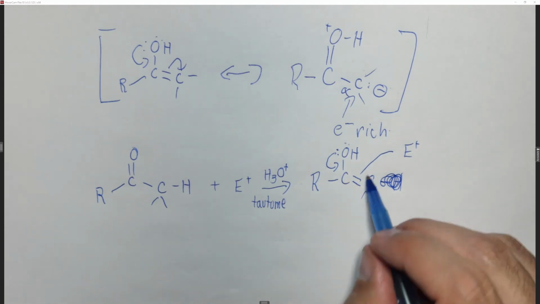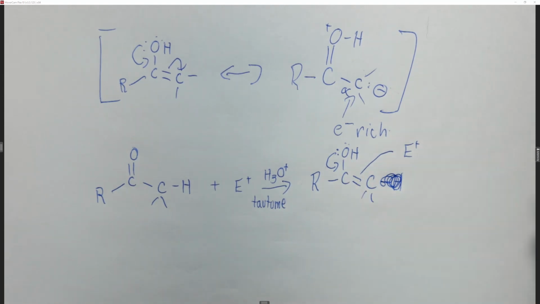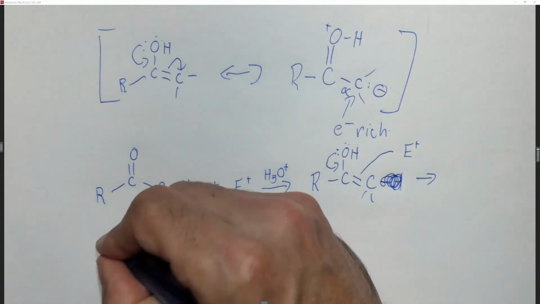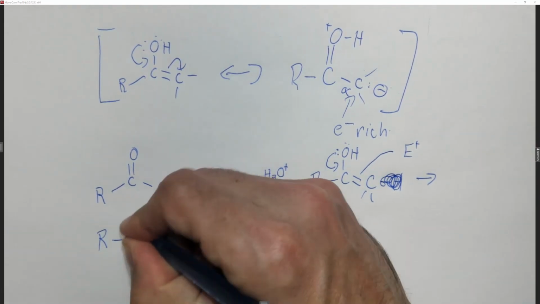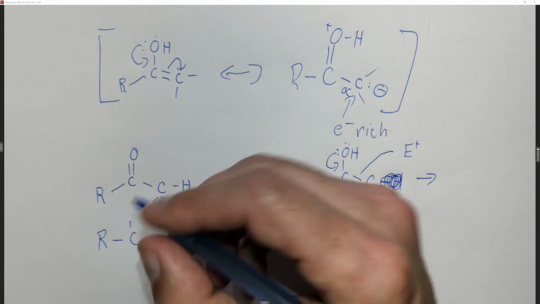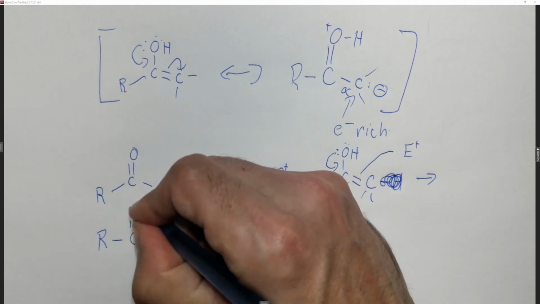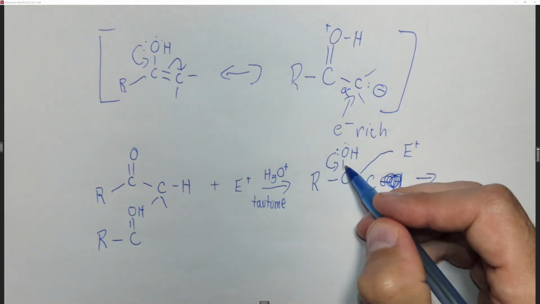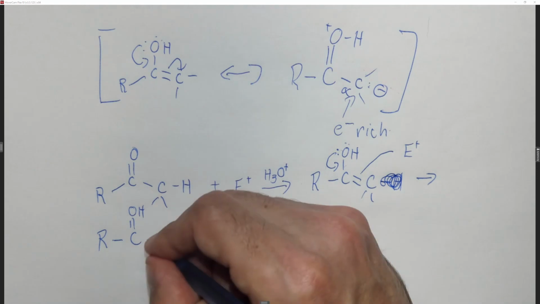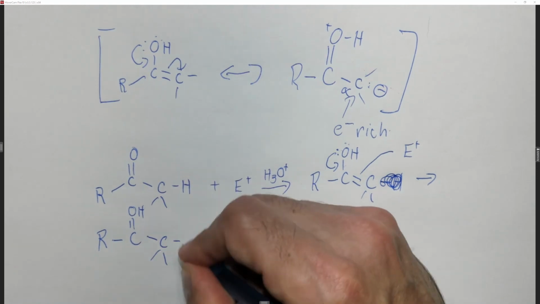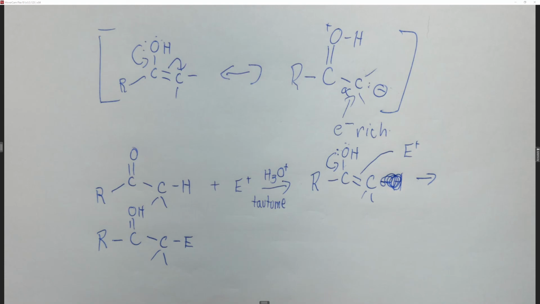Okay, so this drops in and this goes after E plus. And what we end up with when we do that is R bond C bond, double bond, OH, because we drop this in to make the double bond. Bond C bonded to two other things and bonded to the electrophile. This has a positive charge.